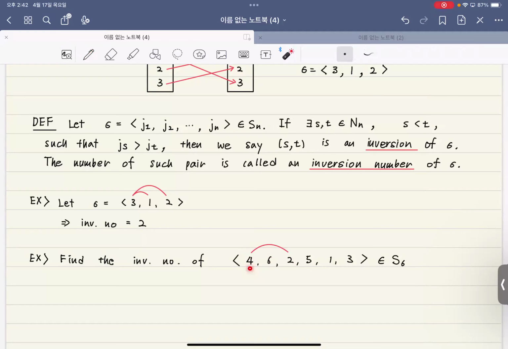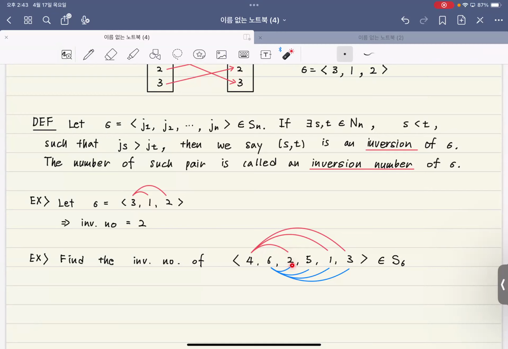And 4, 5, not an inversion, but 4, 1, this is an inversion. And 4, 3, this is an inversion. So I found 3 inversions starting from 4. Now from 6, I have many inversions. Basically, everything is an inversion. So I found 4 inversions here.